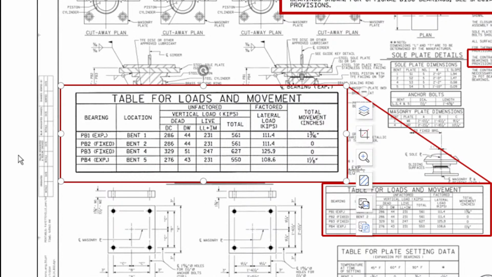Okay. So this part, table for loads and movements. So we have the table for loads and movements here. Bearing, location, vertical load, how much in kilopounds. So unfactored, take note, unfactored. So this one is factored.